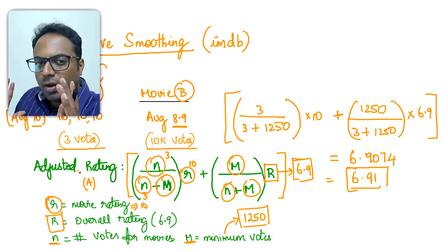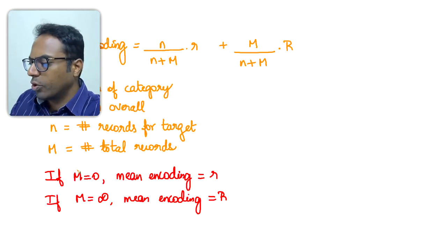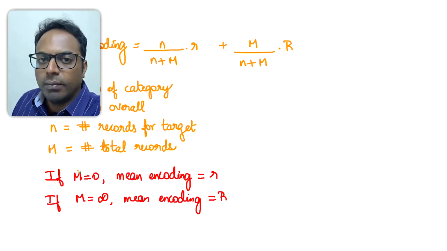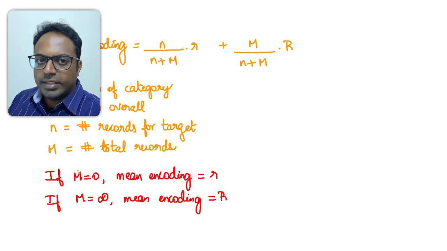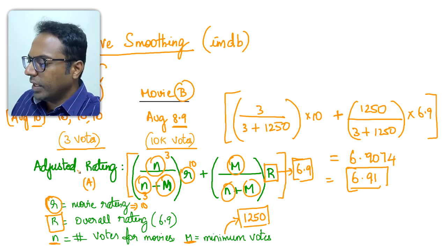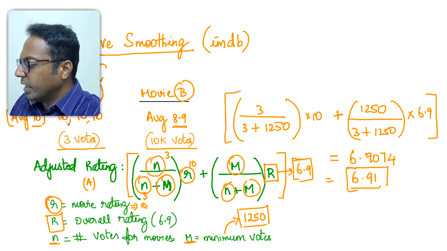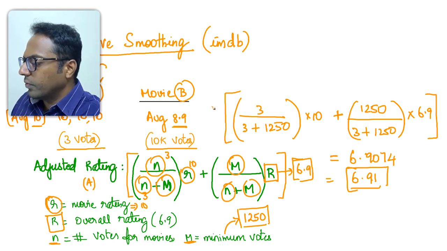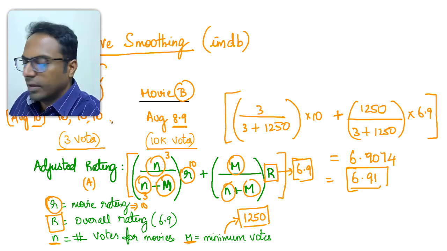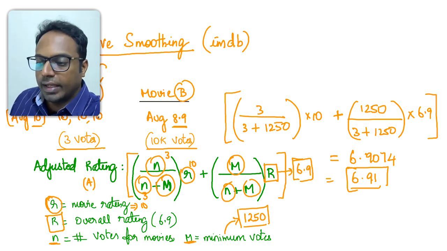Alright. Now this exact same approach is what we are going to be doing in mean encoding. Now, the effectiveness of this: suppose instead of 3 votes, we had 10 votes of 10 rating.